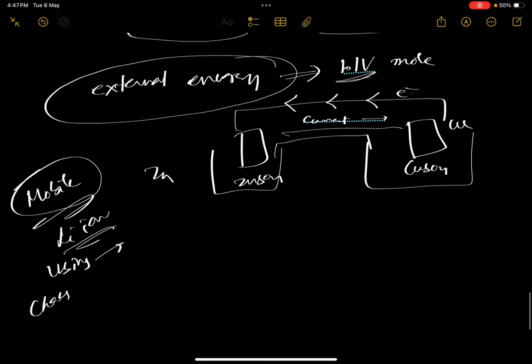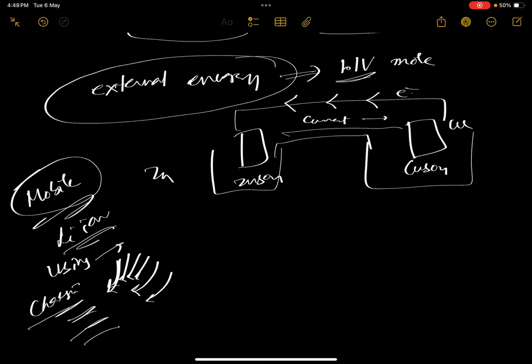When you are charging, the mobile phone battery, whatever voltage is there, more than that voltage you are giving from outside. When you give it from outside, the reverse reaction takes place and the mobile is getting charged. When the external power is not there, the mobile phone is utilizing its battery. If external power is there, it is getting charged.